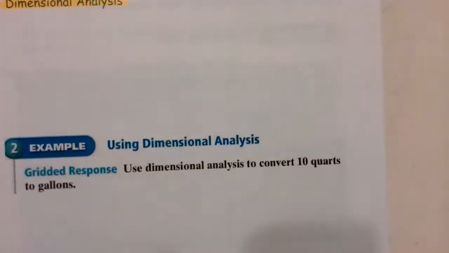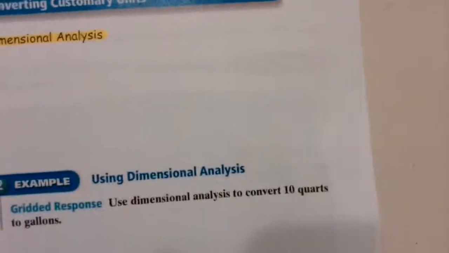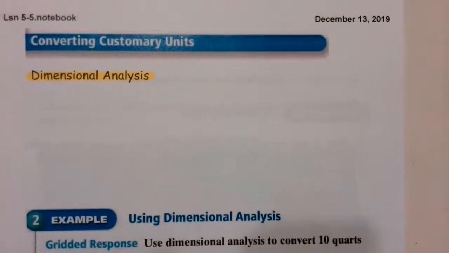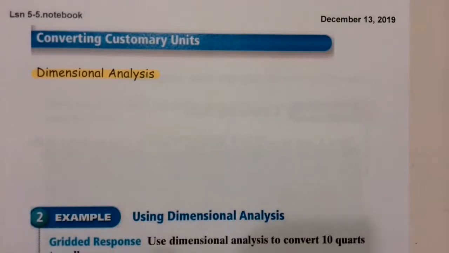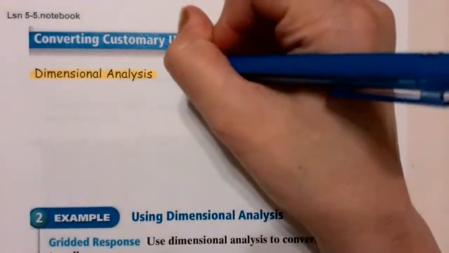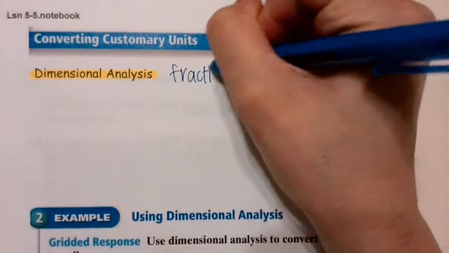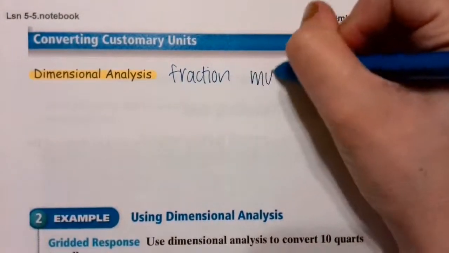All right, moving on to being able to do some conversions between customary units. We have this term called dimensional analysis, and that's what we're going to use to help us convert between customary units. So, dimensional analysis, even though it seems like quite a large thing, is basically just fraction multiplication.